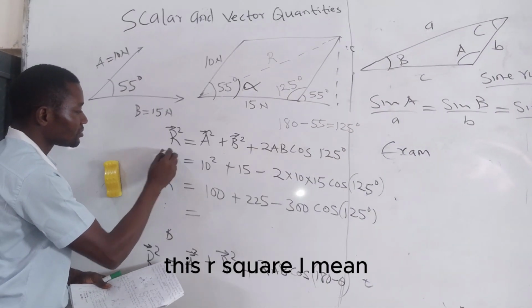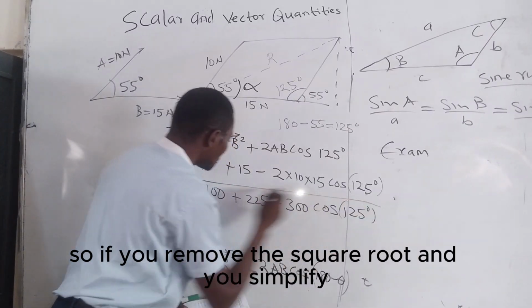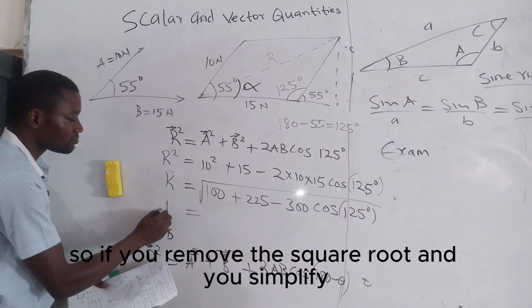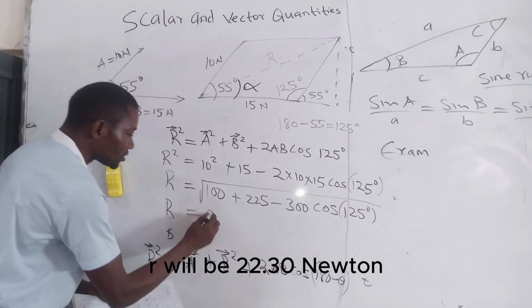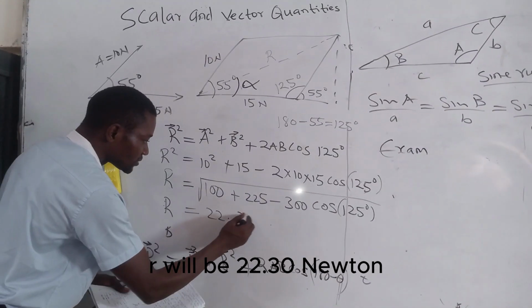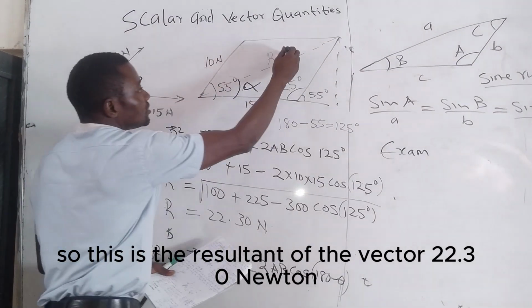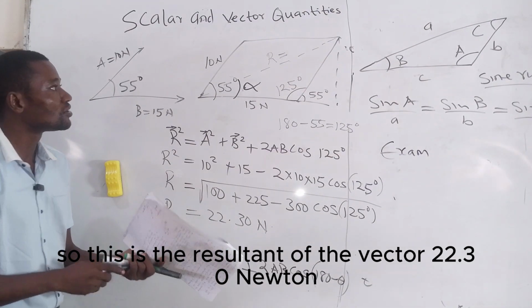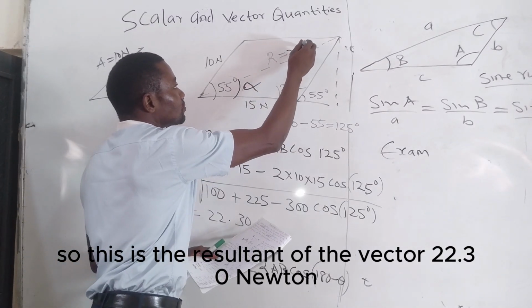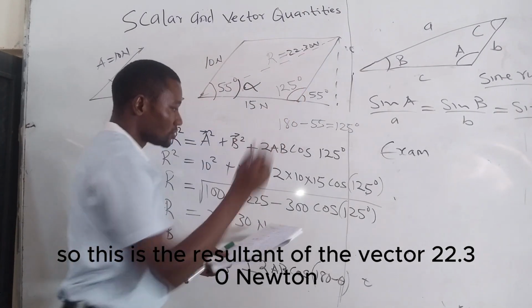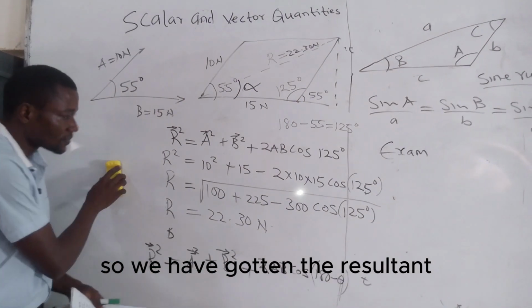So if you remove the square root and you simplify, R will be 22.30 Newton. So this is the resultant of the vector, 22.30 Newton. So we have gotten the resultant.